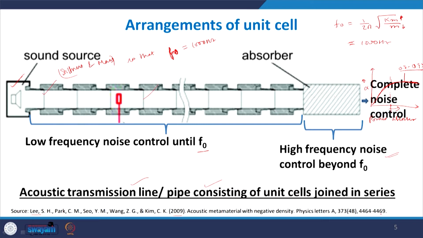So, at the end, if I delete this just to make it clear, we get a complete noise control. The noise throughout all the audible frequency range is being cut, and we get a complete silence. So, this is like a proposal where we get a perfect noise reduction material both for low as well as high frequency.